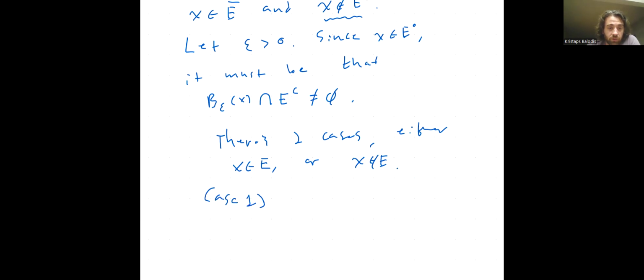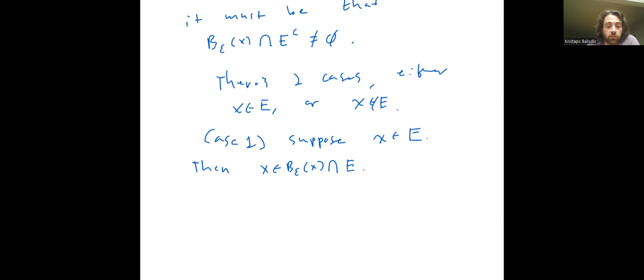So case one, suppose that X is in E, then X is definitely in the epsilon ball around X, and it's in E, so it's in the intersection. So that's the easy case. Hence, the intersection of these two is non-empty.